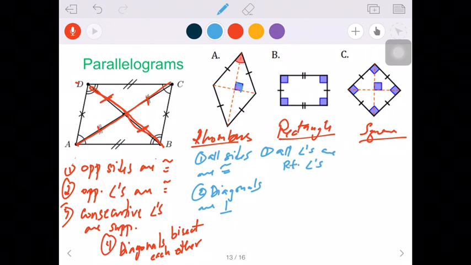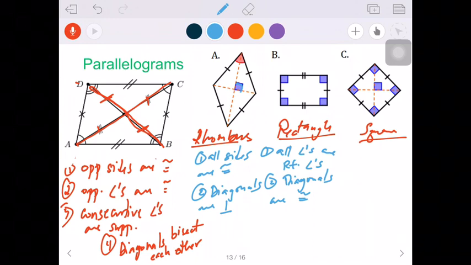It's the first one. Now, it's not drawn there, but actually diagonals of a rectangle are congruent. Alright? That's the second property, special property of a rectangle. So once again, these are special properties in addition to the basic properties of parallelograms.